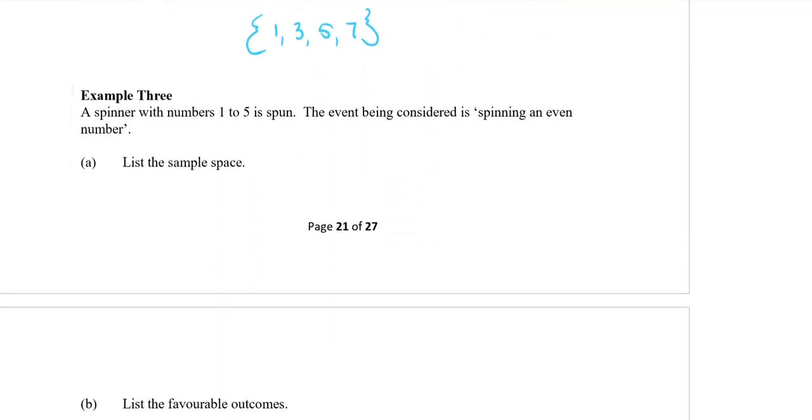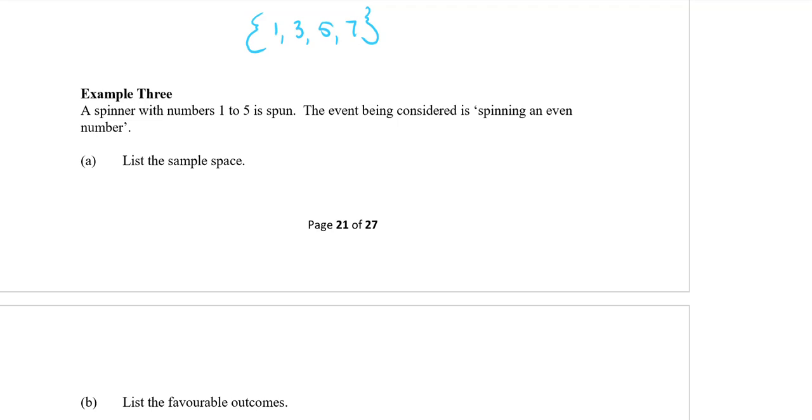Question 3. A spinner with numbers 1 to 5 is spun. The event being considered this time is an even number. But first of all, before we do the even numbers, we want to list the whole sample space. So whole sample space is S equals big squiggly bracket, and we have numbers 1 to 5. So 1, 2, 3, 4, 5.